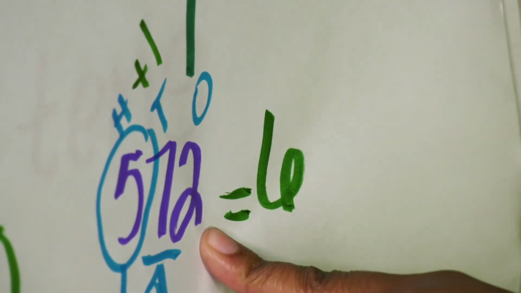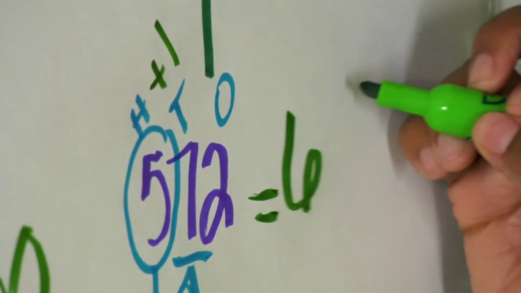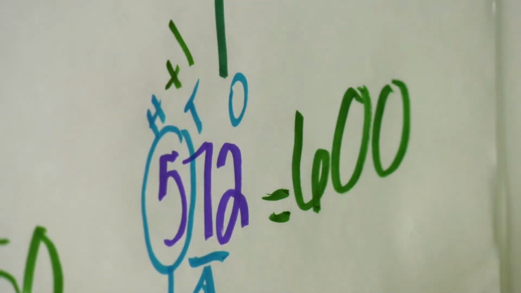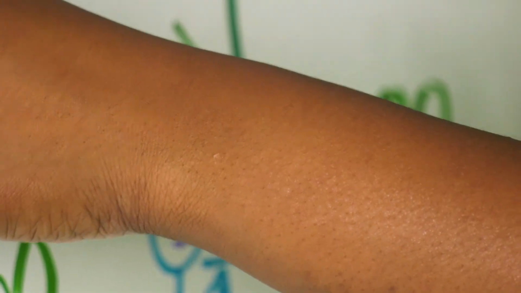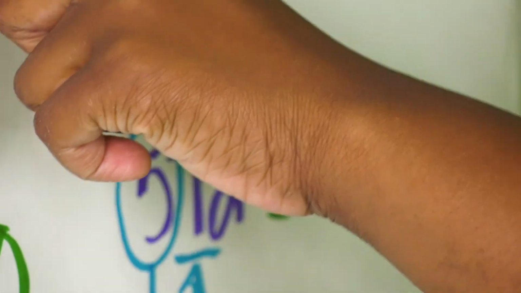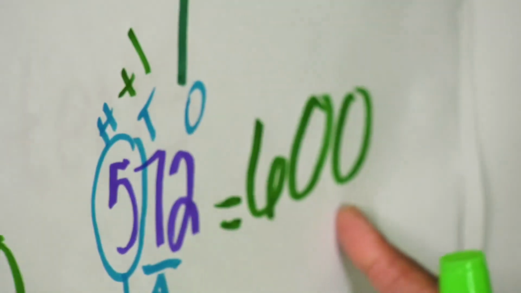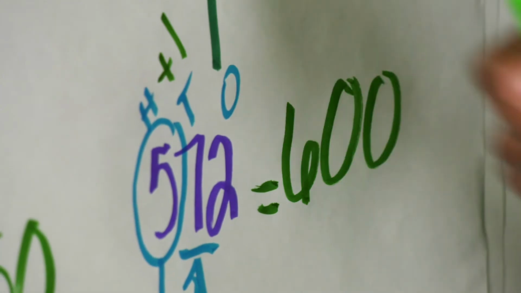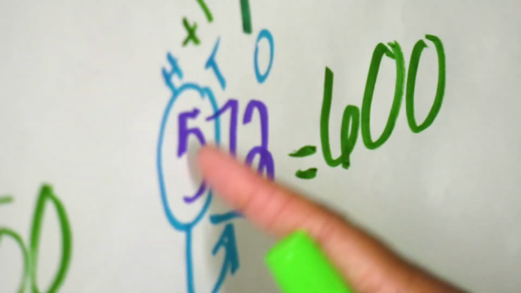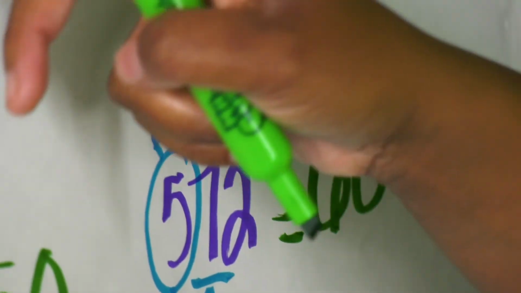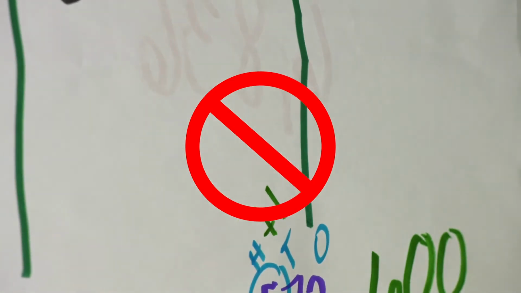Any numbers after our circled digit becomes a 0. So 572 was our original number. Our new number looks like this, 570. Is that the same? No. So 572 rounded to the nearest 100 is not 570.